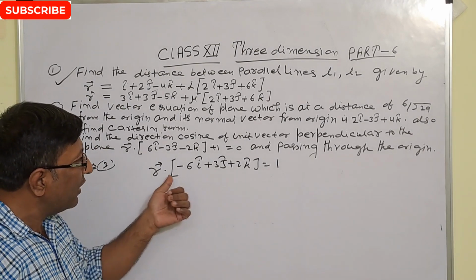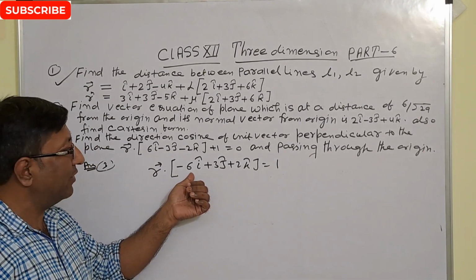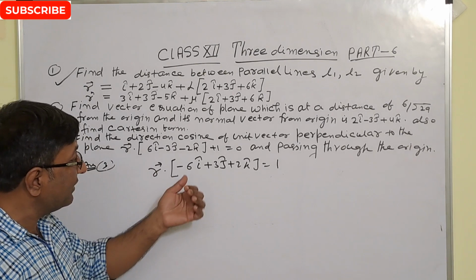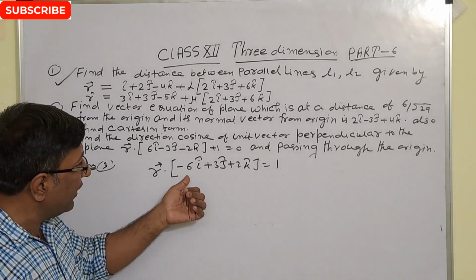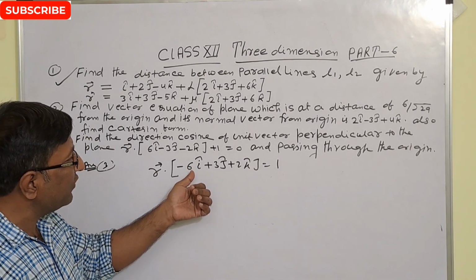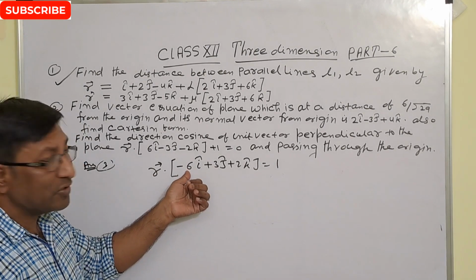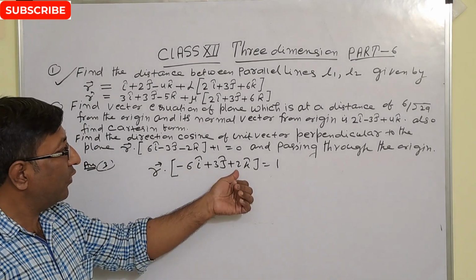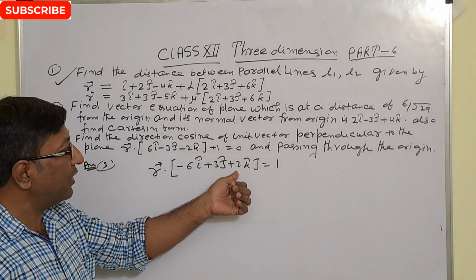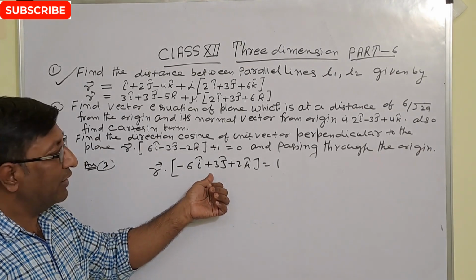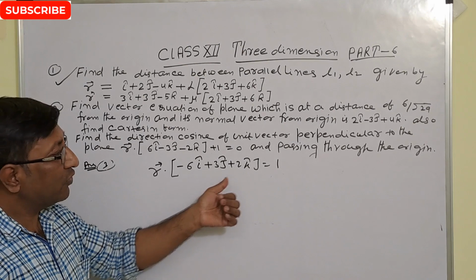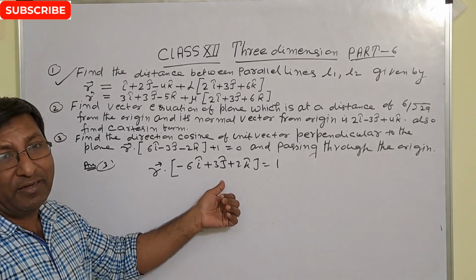Now we have to change this into the ratio form. This is the magnitude: 6 square is 36, 2 square is 4, so 36 plus 4 plus 9 is 49. So root 49 is 7. So divide both sides by 7.